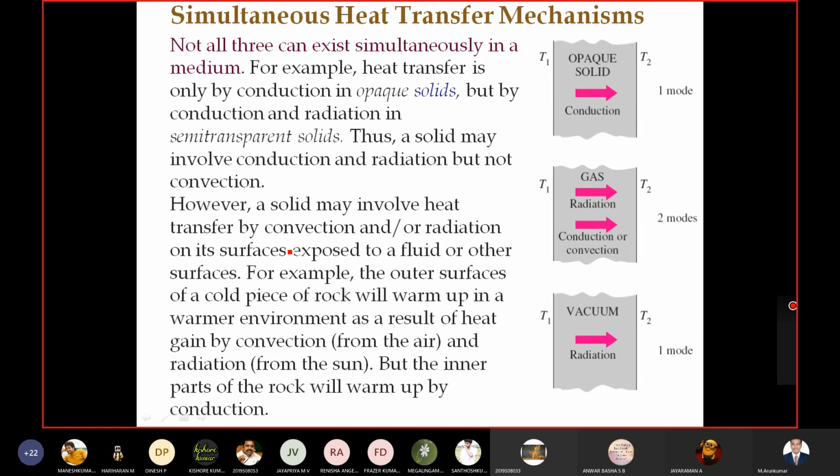For example, the outer surfaces of a cold piece of rock will warm up in a warmer environment as a result of heat gained by convection from the air and by radiation, but the inner parts of the rock will warm up by conduction. So there is simultaneous heat transfer. All three heat transfer modes may be possible in a system.